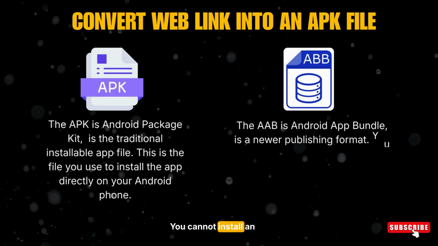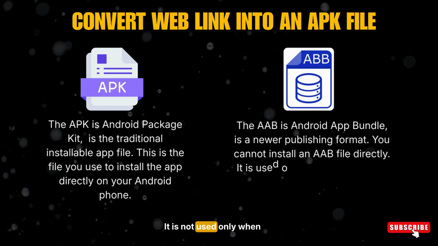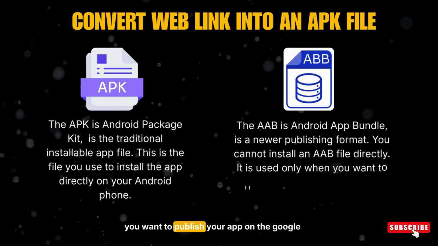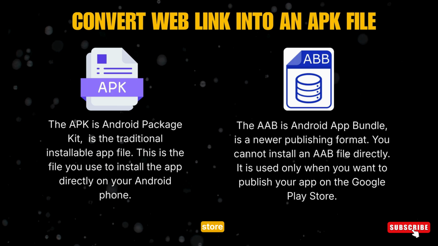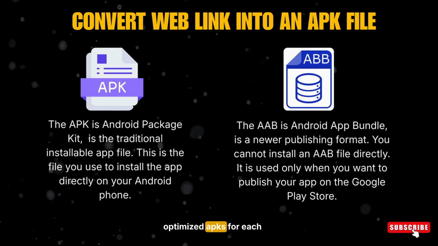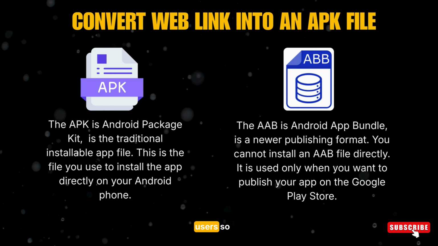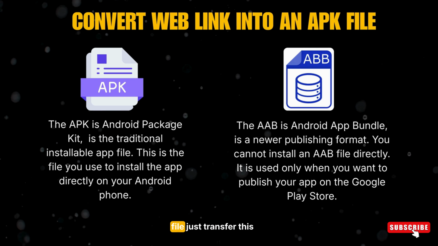You cannot install an AAB file directly. It is used only when you want to publish your app on the Google Play Store, because the Play Store automatically converts it into optimized APKs for each user. So for now, we only need the APK file.